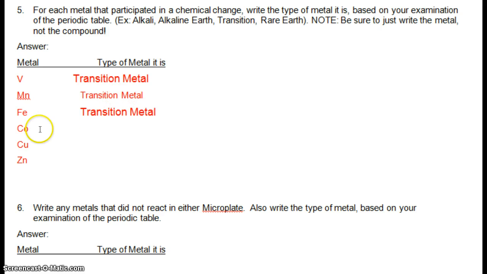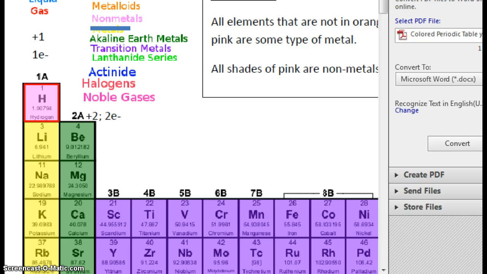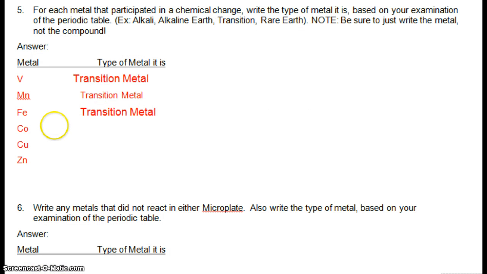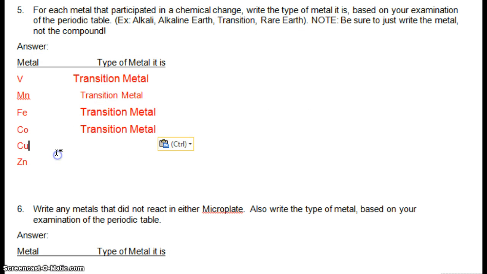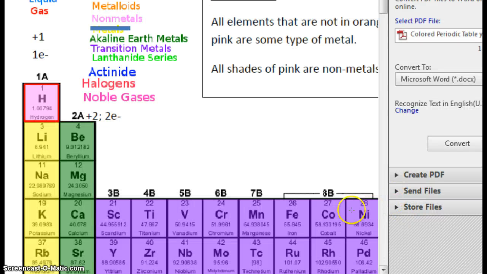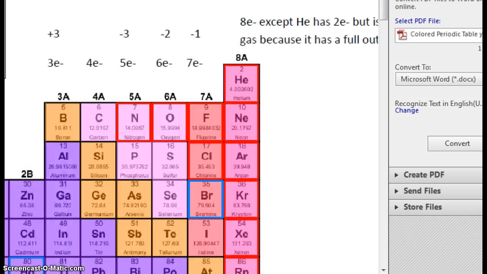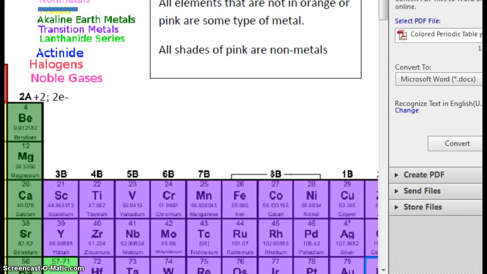And Co is cobalt. Cobalt is right here. What kind of metal is it? It too is a transition metal. Now let's look at copper. Copper is abbreviated Cu. There we go.